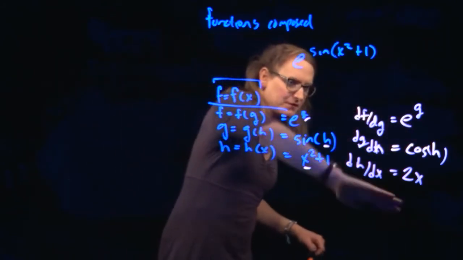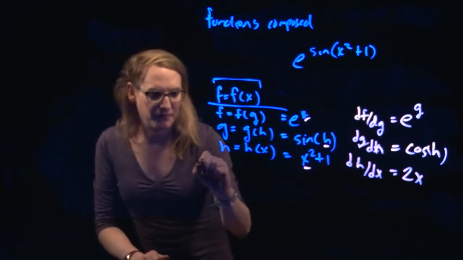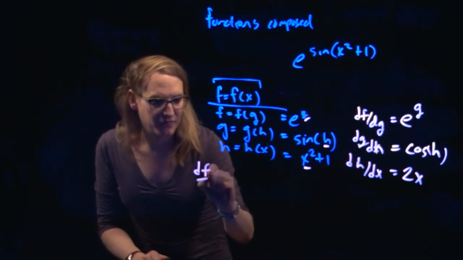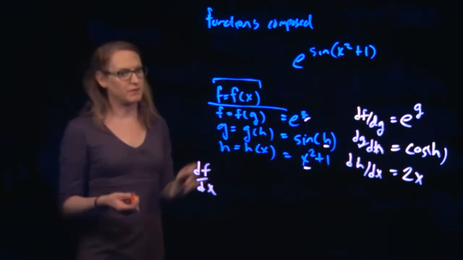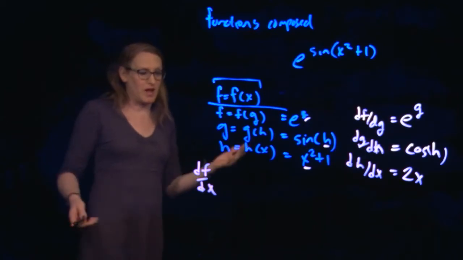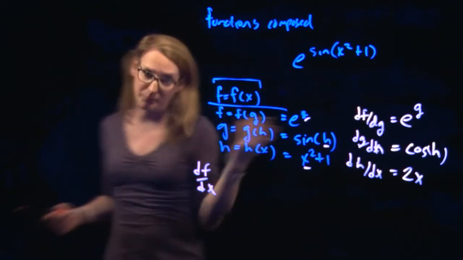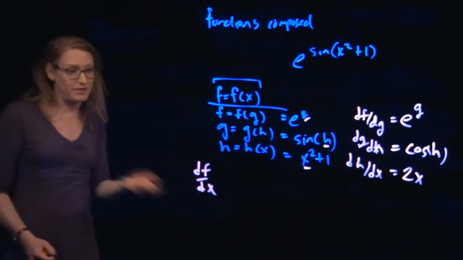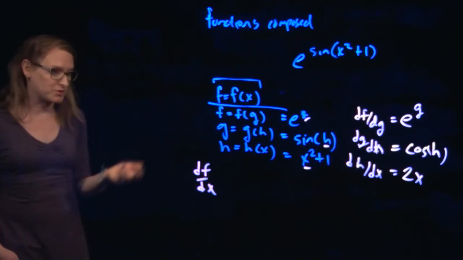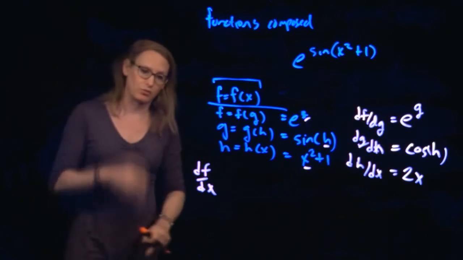I have this list of derivatives, and we're trying to compute the derivative df dx. This is my original function right here, and I want to take its derivative, but we don't know how to take the derivative of this thing yet. I know how to take the derivative of basic building blocks of functions, e to the x, sine of x, x squared plus 1, but when they're all composed like this, the chain rule is in effect.